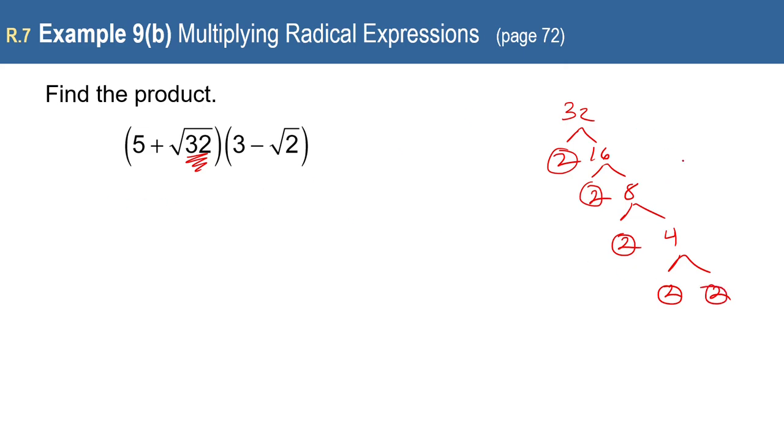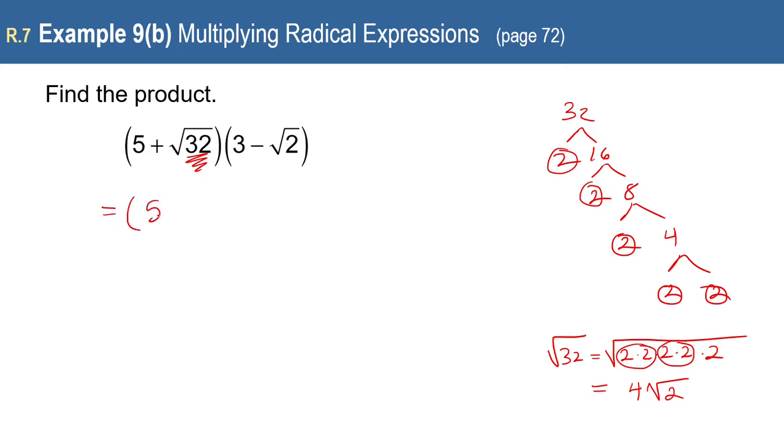I know that the square root of 32 is the same as the square root of 2 times 2 times 2 times 2 times 2, and we're looking for groups of 2. So this is equivalent to 4 because of the 2 times 2, and we have a square root of 2 left. So let's replace the square root of 32 with 4 root 2.